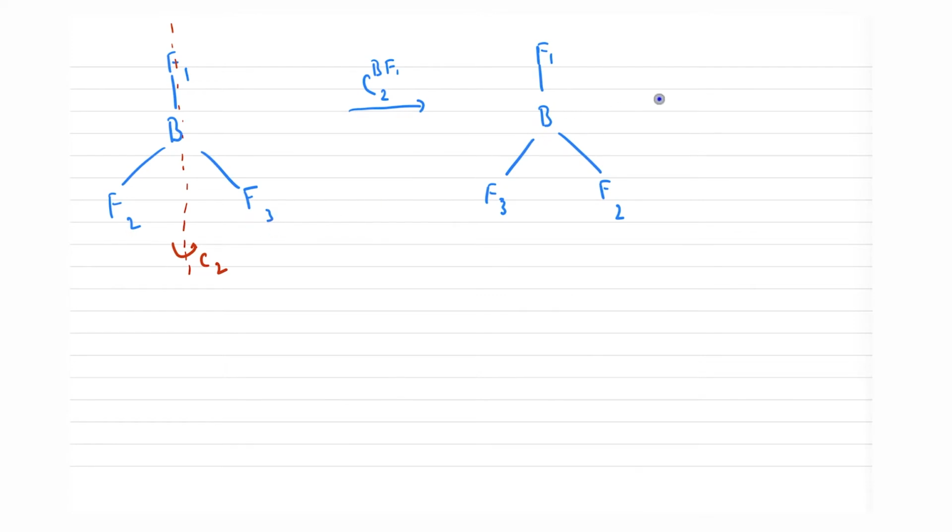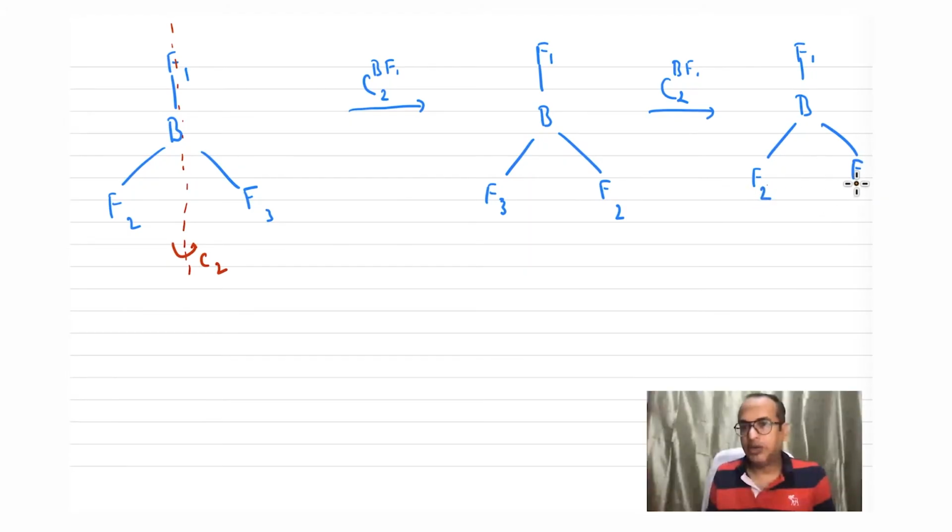Okay. Now similarly we can keep on doing other operations. So if we continue with C2 BF1 again, we will see that we get, so I'm not moving BF1. So what should we write here? So this will be 2 now, and this will be 3 over here, right?